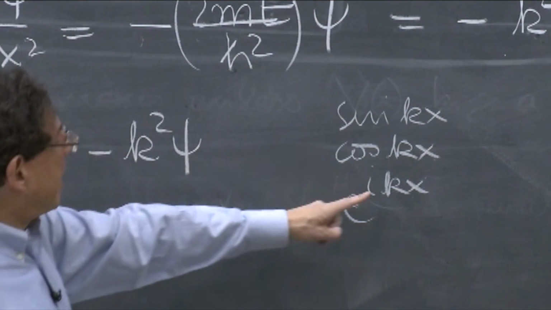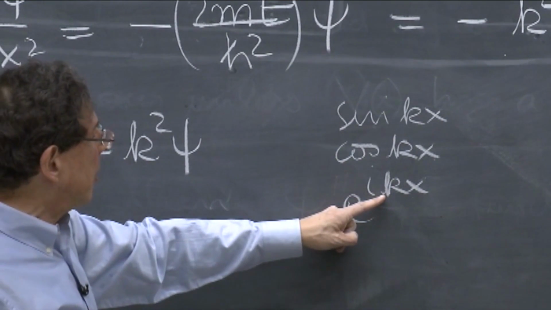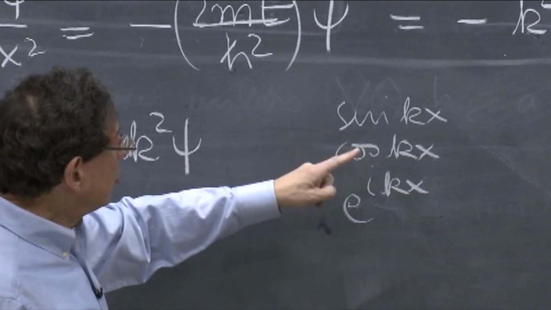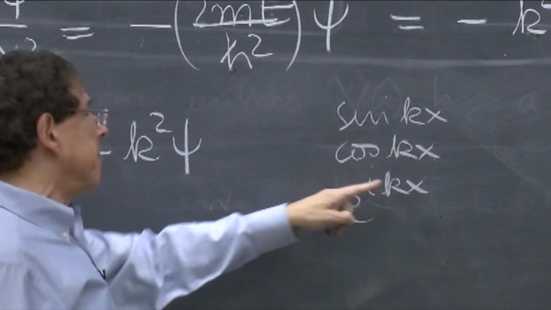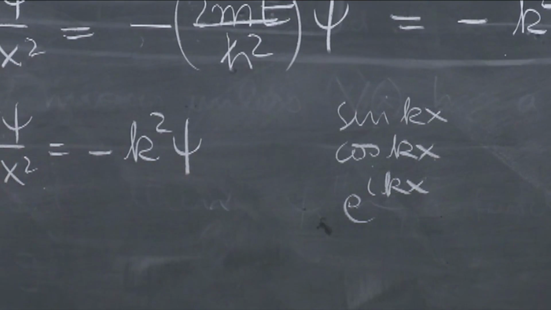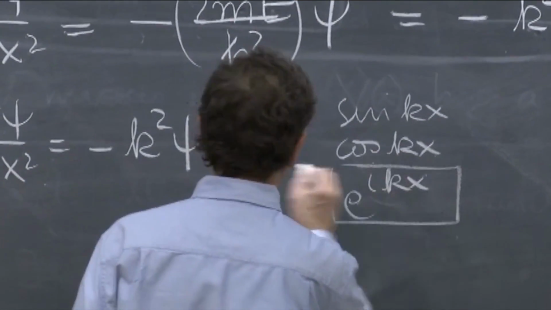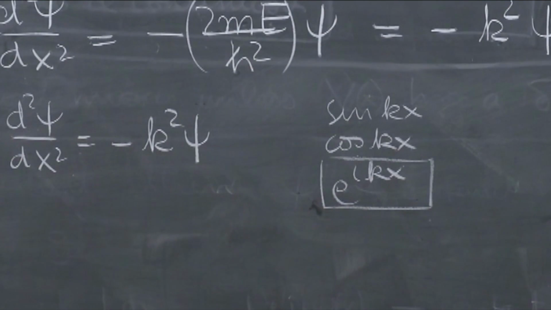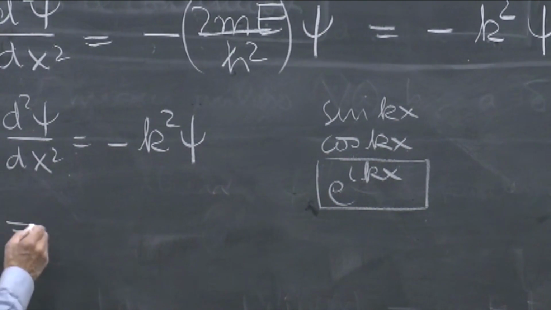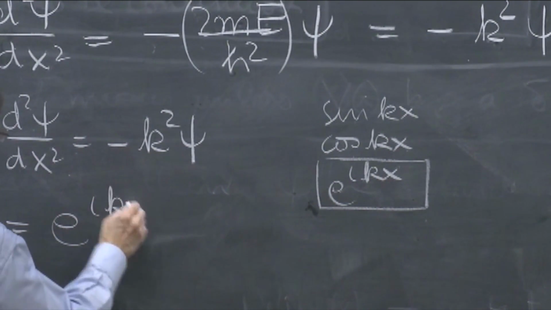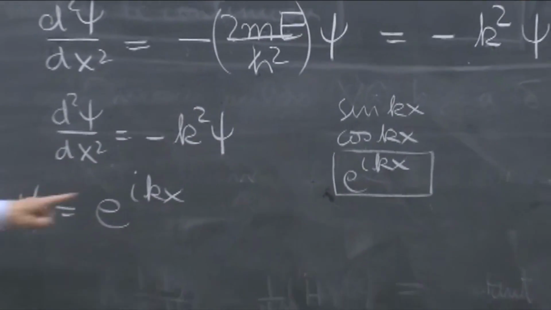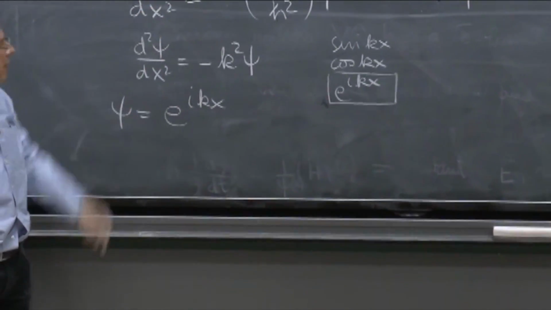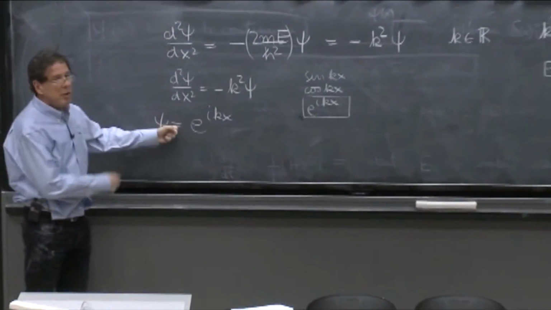And this is kind of better or easier because you don't have to deal with two types of different functions. And when you take k and minus k, you reproduce these two. So let's try this. And these are solutions. Indeed, psi is equal to e to the i kx. So we'll leave for next time to analyze the precise details: what values of k are necessary for periodicity and how we normalize this.